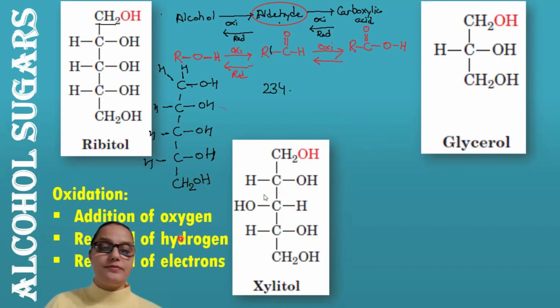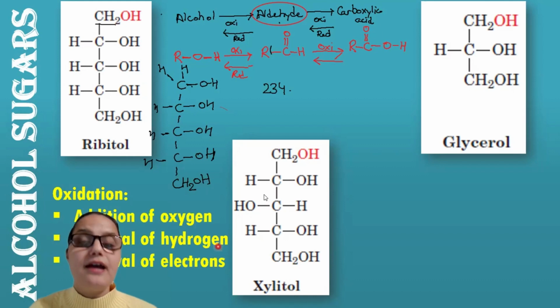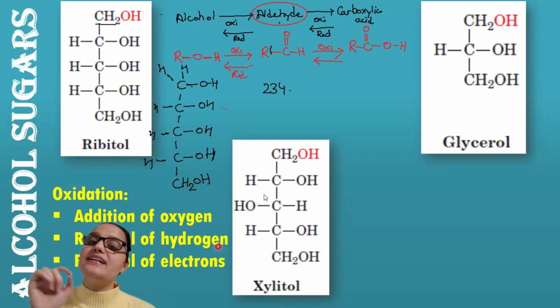Also, removal of hydrogen: whenever you see that hydrogen has been removed, addition of oxygen may or may not have taken place. But even if addition of oxygen is not taking place, if hydrogens are being removed from any atom, it means that atom has been oxidized.